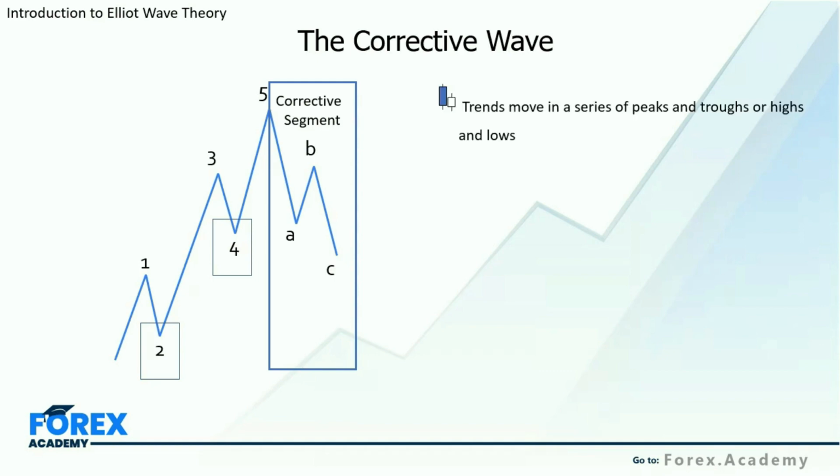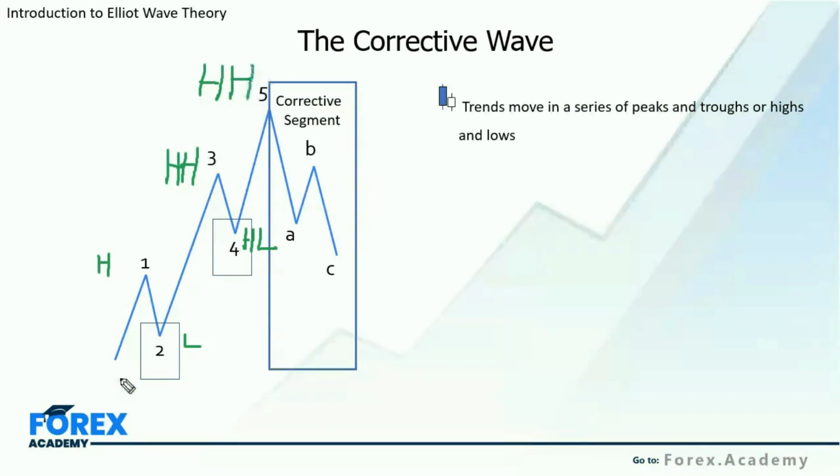So trends move in a series of peaks and troughs, or highs and lows, and other technical analysts would refer to 1 as a high, would refer to 2 as a low, would refer to 3 as a higher high. Would refer to 4 as a higher low. So really, it's just a slight change in terminology, and this number 5 would be a higher high once more.